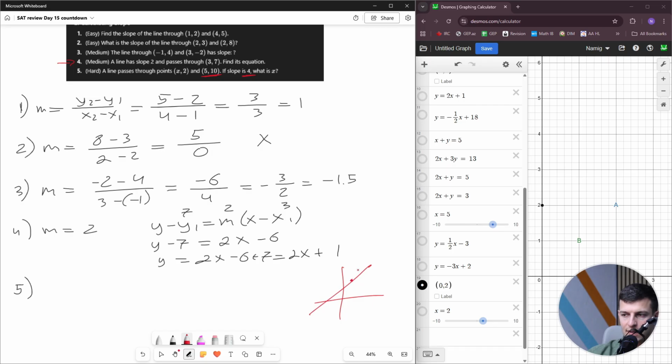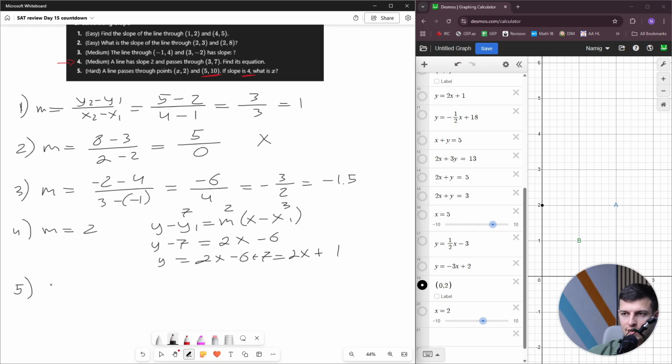Let's say this is x, 2. That means whenever I plug in the value of 2 for y, I should be able to find x, or the other way around. Let me show you. I'm going to erase this one, just so I have a bit of space.